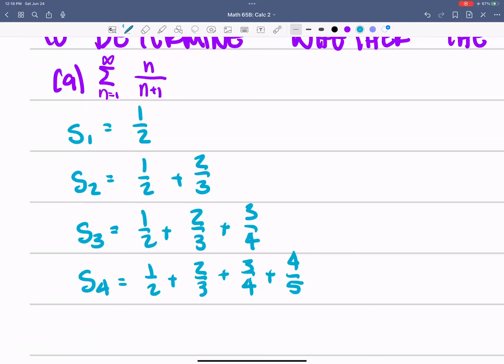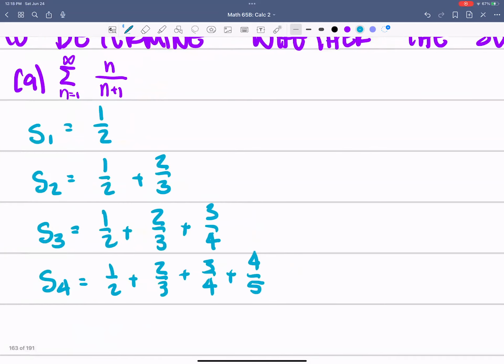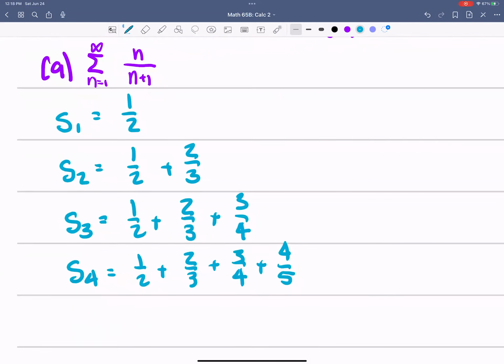So I'm going to pick a value that's slightly smaller so that we can prove that it diverges, sadly. I know that 2 over 3 is greater than 1 over 2, so we could use that there. 3 over 4, I know that's greater than 1 over 2.